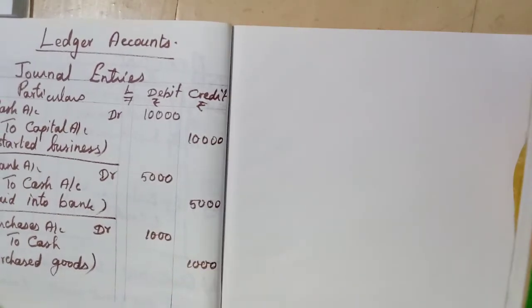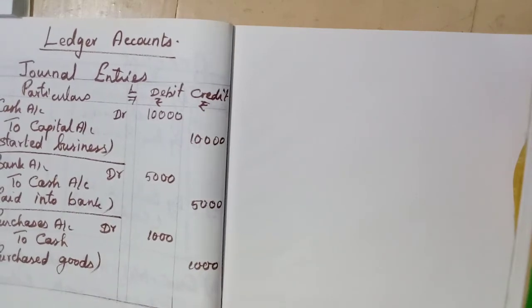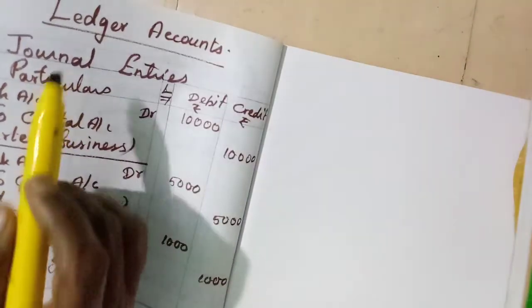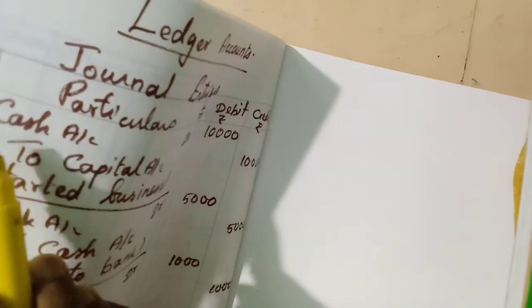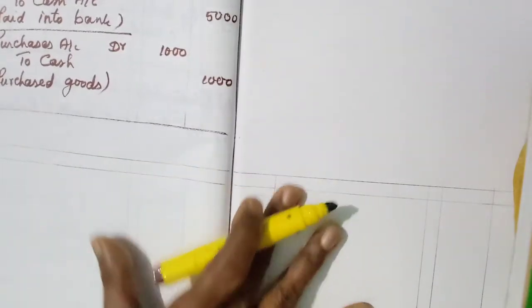Now we have to prepare the ledger accounts. So first you have to start from here. First account is what? Cash account, isn't it? So we have to start the cash account. In your notebook you have to use both the pages.